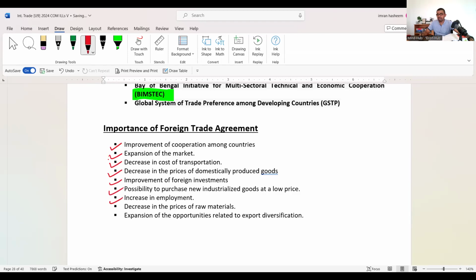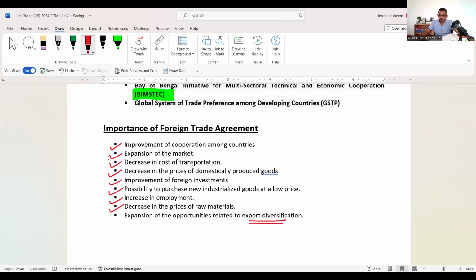Increase in employment with FDI and all that. Decrease in price of raw materials, as I explained earlier. Then expansion of opportunities related to export diversification. That's one of the major advantages.